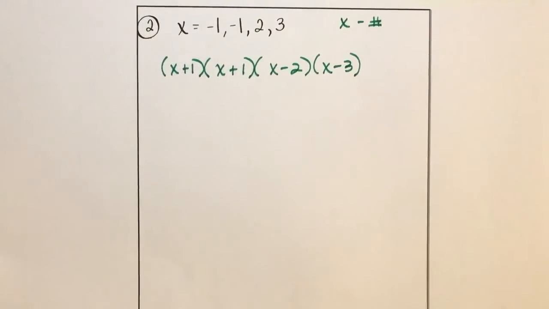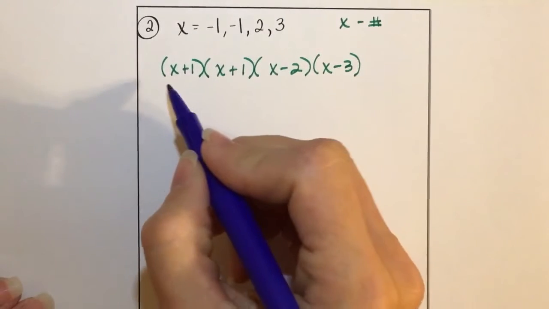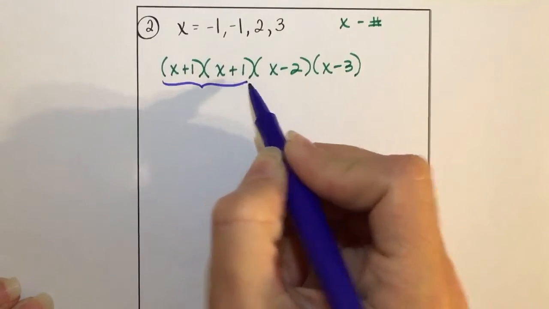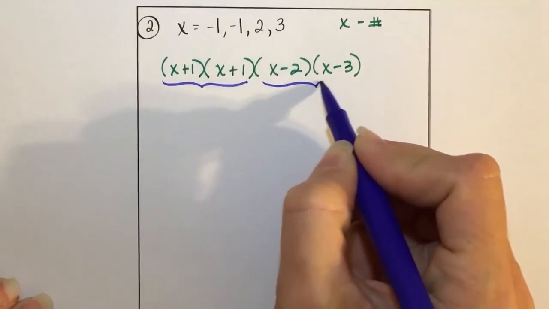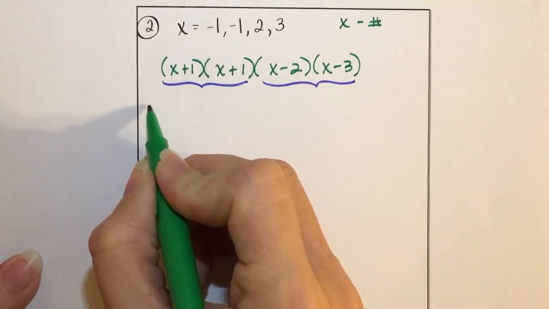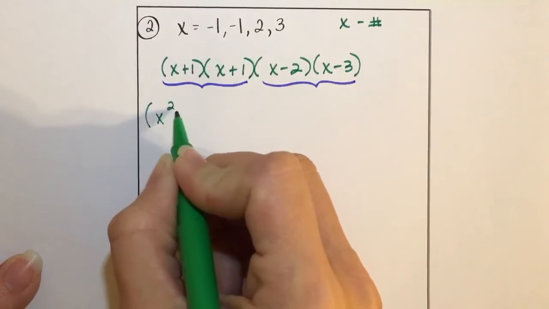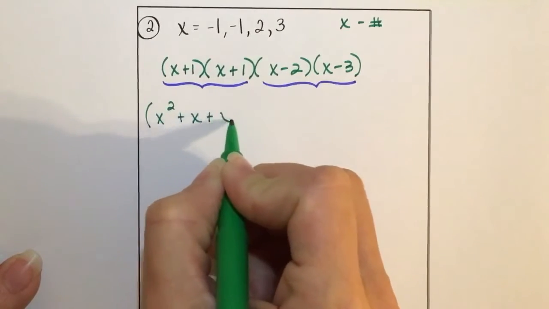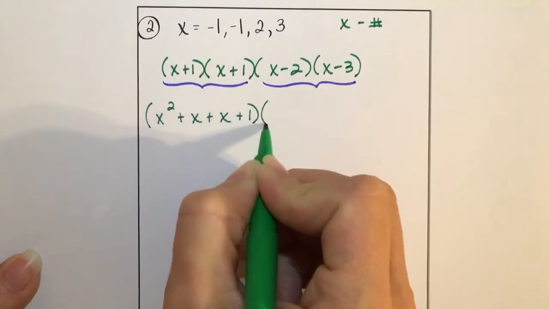Now, in multiplying out 4 of them, what you can do is just take them 2 at a time. So like start by, say, foiling the first 2, and then foil the last 2, and then we'll end up multiplying those results. So when I foil the first 2, I'm going to have x squared plus x plus x plus 1.